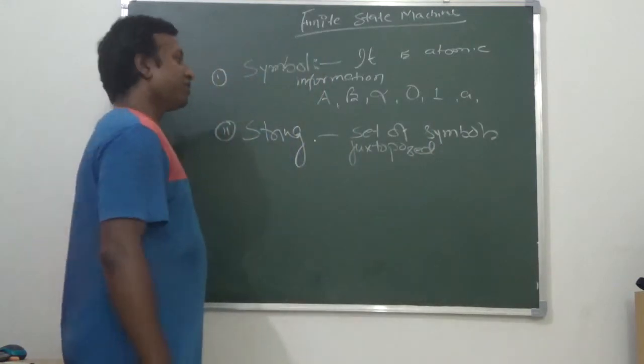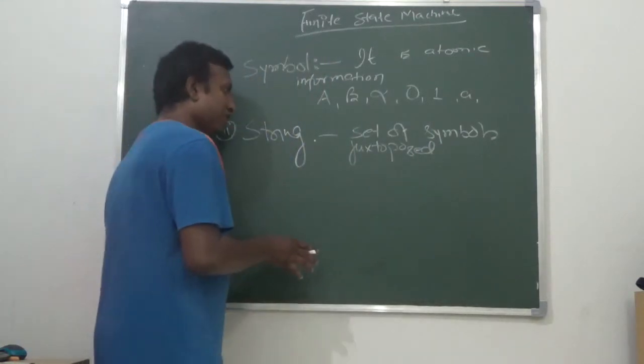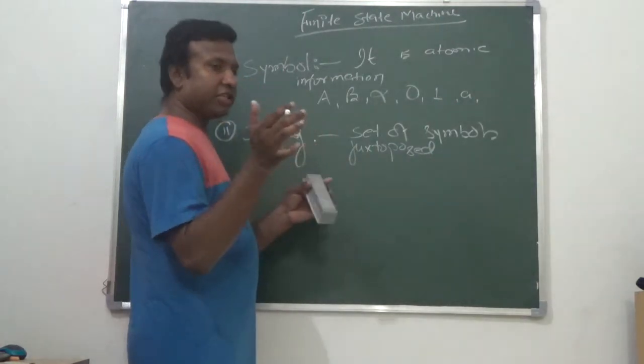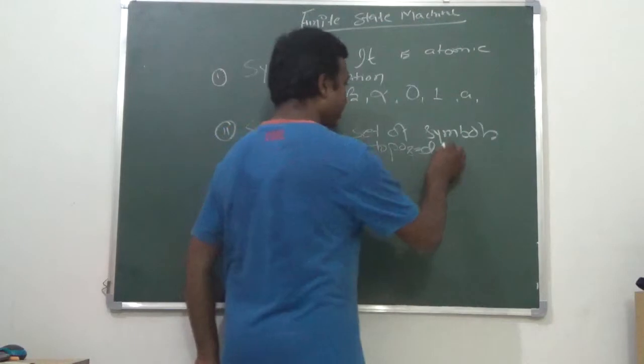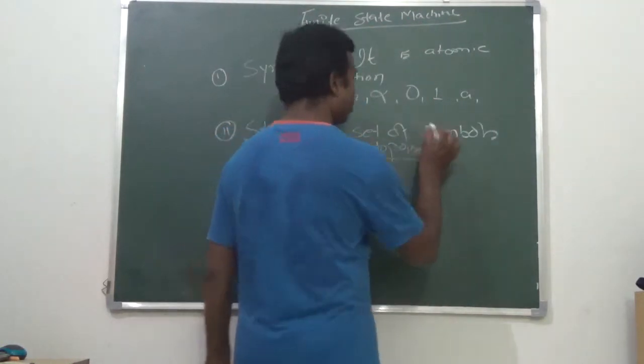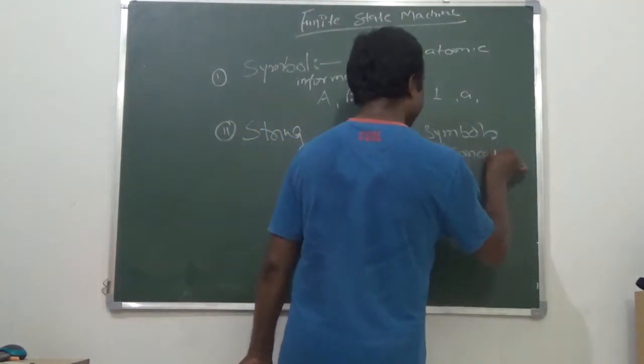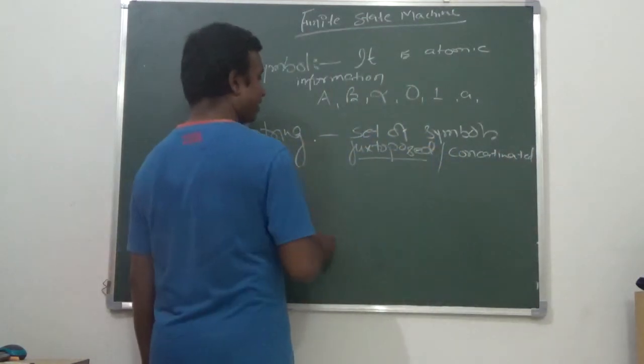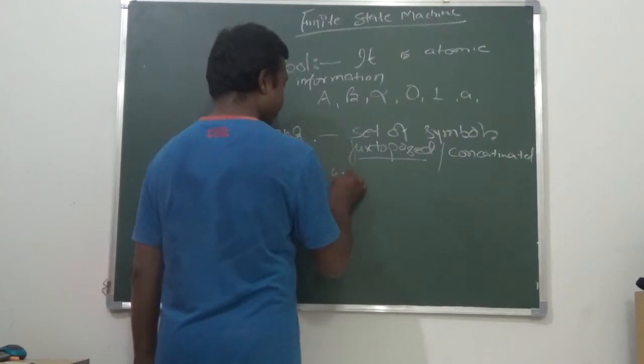The meaning of this statement is it is a set of symbols concatenated to each other. So a string is a set of symbols which is juxtaposed or concatenated with each other.